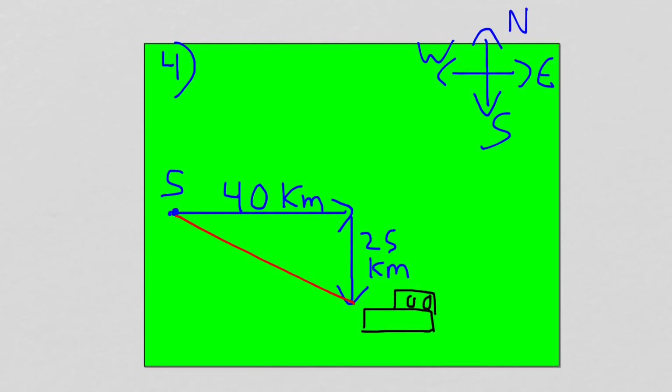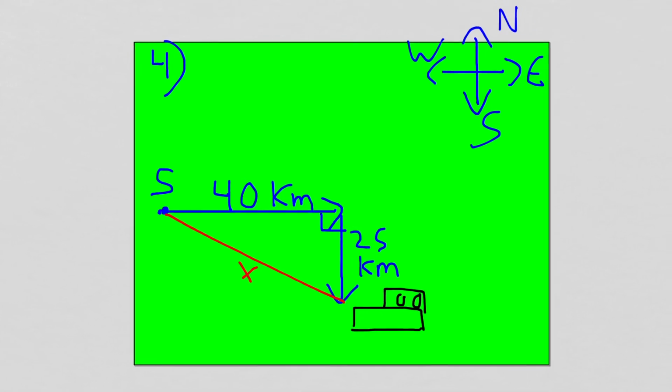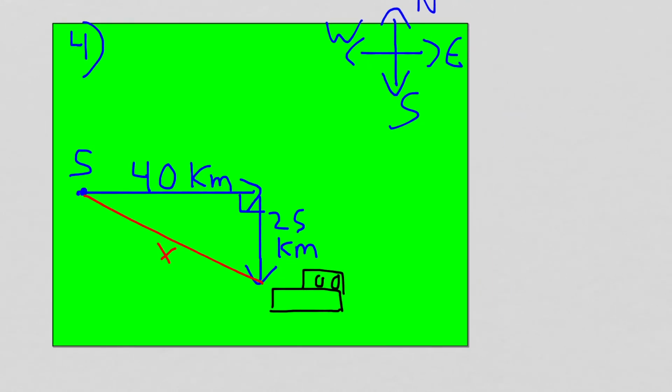The right angle is right here. So the distance we want to know, that red line, which we'll call x, that distance is the hypotenuse of this right triangle, right? There's the right angle. The hypotenuse is the side opposite. So we can use the Pythagorean theorem to figure out that value of x.